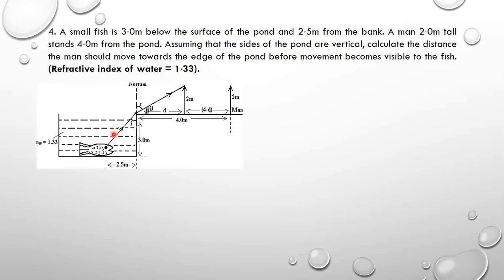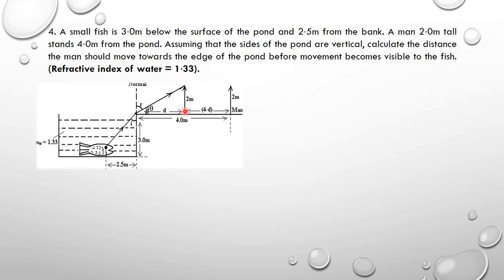So we shall draw this ray to the edge here, because you can of course draw it somewhere else, but since we want the distance that the man should move towards the edge before he becomes visible, the best is to draw it through the edge here. And when it reaches here, remember this is water, it is going to refract. We are moving from water to air, so it will refract, and when it refracts, it will be able to see the man.